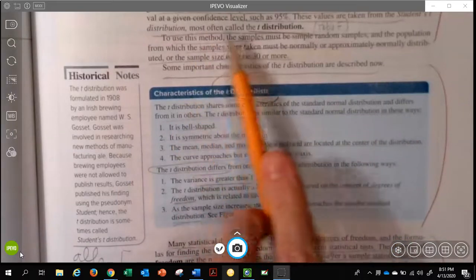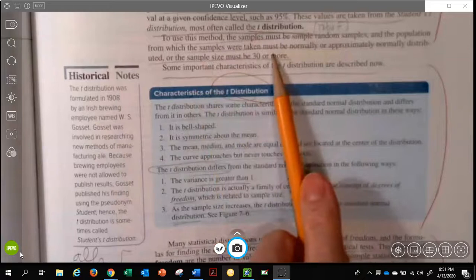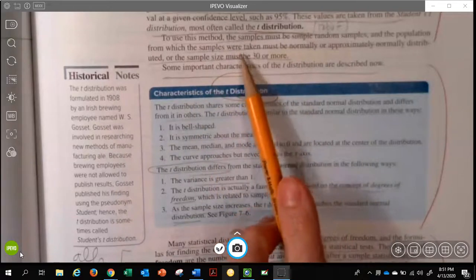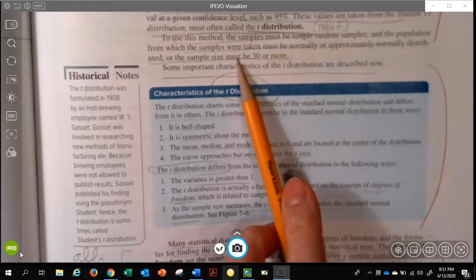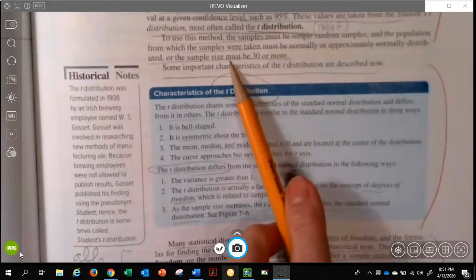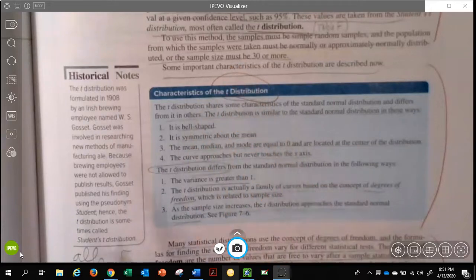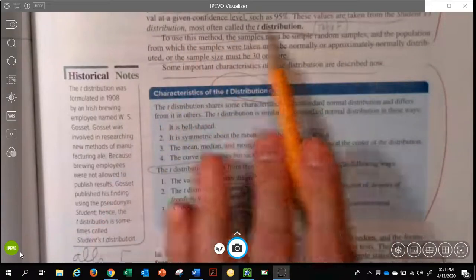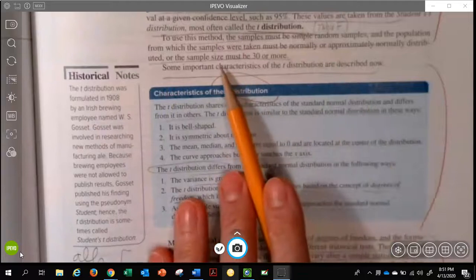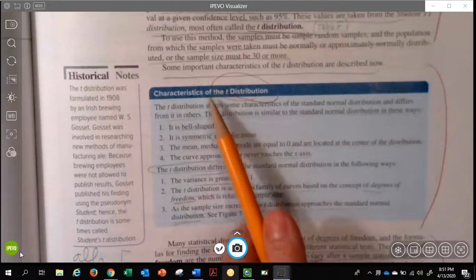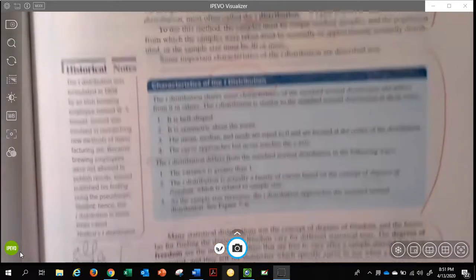And remember, everything that we're doing in our book is basically rigged. This is information that is vital for you when you do additional statistics courses, and especially if you decide to pursue a master's or a doctorate, you're going to have to follow these guidelines. For right now, they're mentioned, we're made aware of them, and we'll keep going.